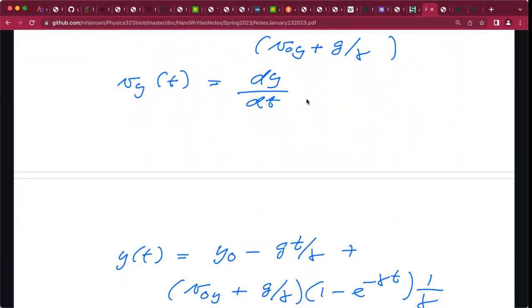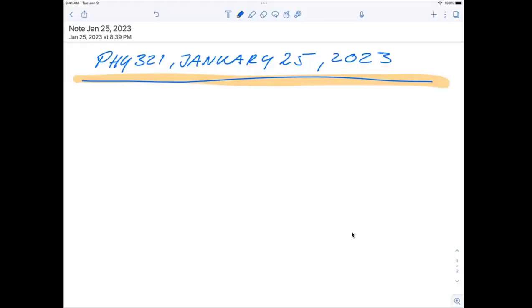So let's now switch back to the whiteboard and just take a look at some other examples of forces which we have encountered before, and see how we can actually rewrite these as partial or coupled differential equations. So let's just bring up the whiteboard here. Here we are.